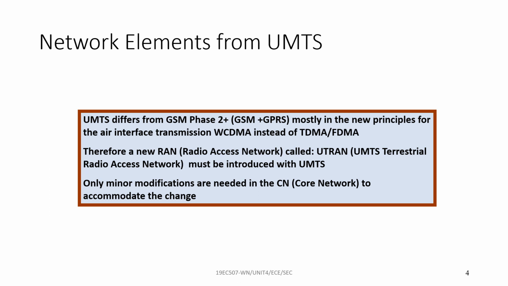UMTS deploys a new radio access network, which is known as UTRAN, the UMTS terrestrial radio access network. Only with the help of this new UTRAN, the radio access network, is the UMTS network architecture based. We'll have a core network which is coordinating with this UTRAN network.